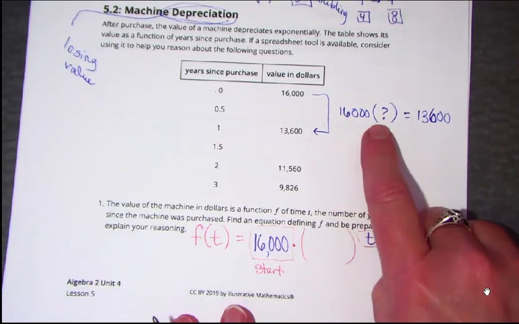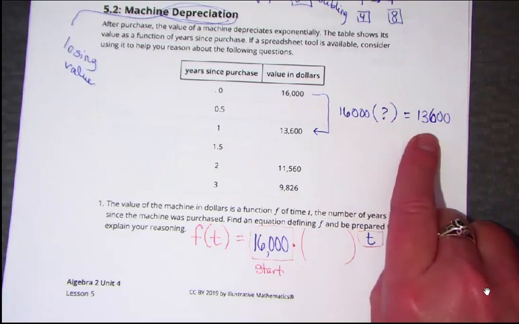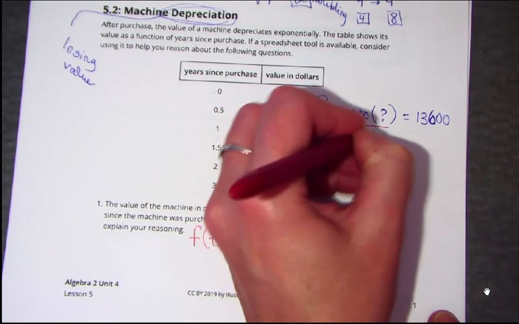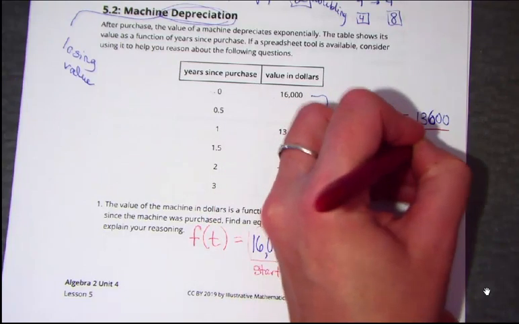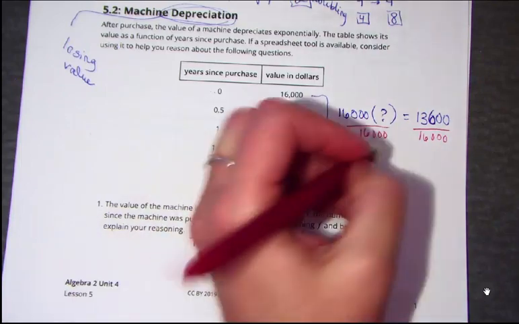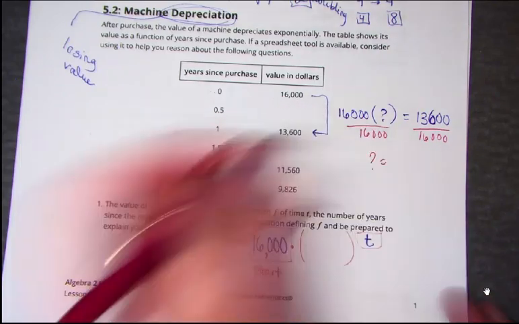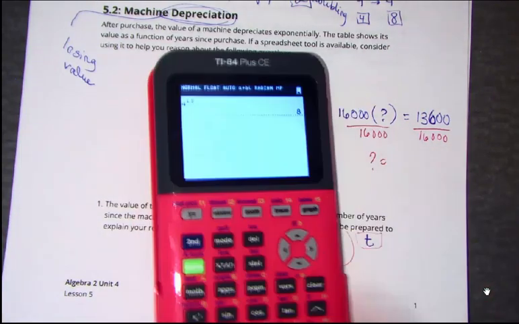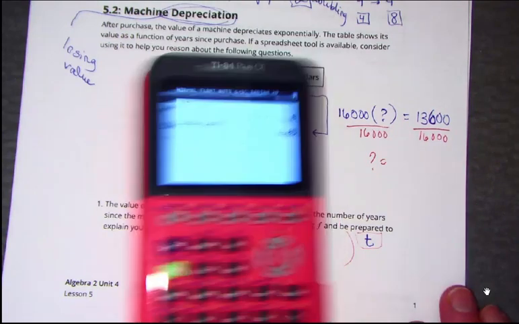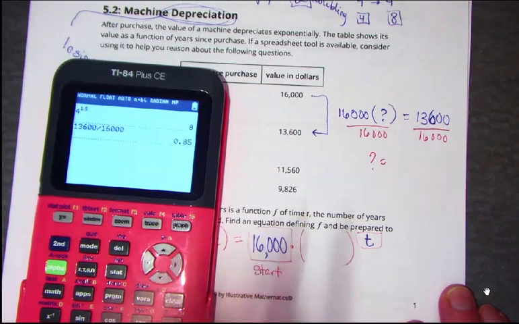And so if 16,000 times something equals our new value 1 year later, to find what that multiplier is, I would have to divide both sides by that 16,000. And that multiplier is 0.85.